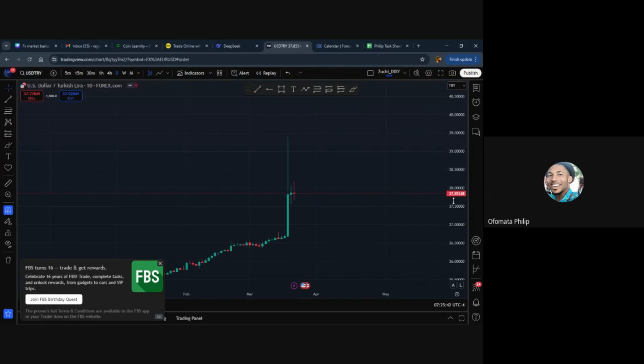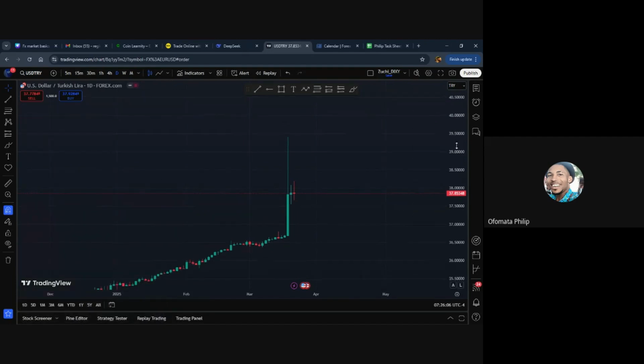And the current price is 37.85. All right, let us just round it off to 37.85. What this is telling us is that currently, for me to purchase 1 United States dollar, I would need 37.85 Turkish lira to get 1 United States dollar. That is what it is telling us here on this price chart.